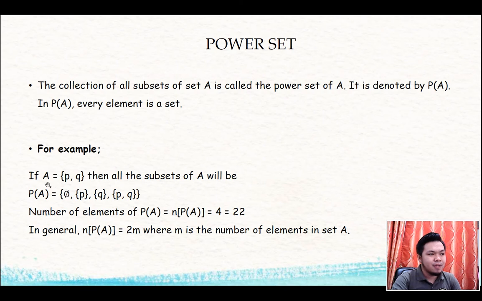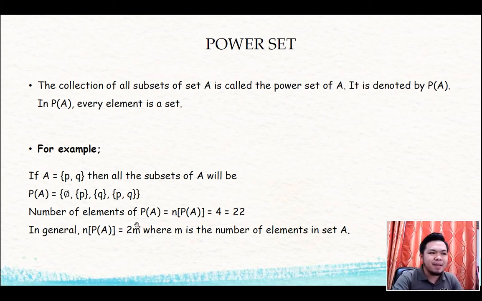Example, if A is equal to the elements P and Q, then all the subsets of A will be like this: P(A), our power set of A, is equal to the empty set, then {P}, then {Q}, then {P, Q}. So that is how we write it.